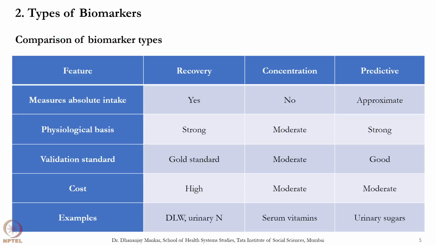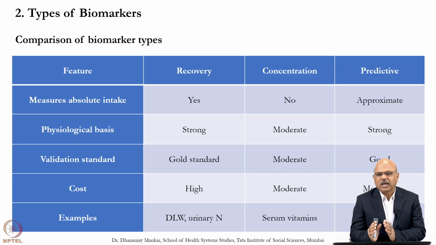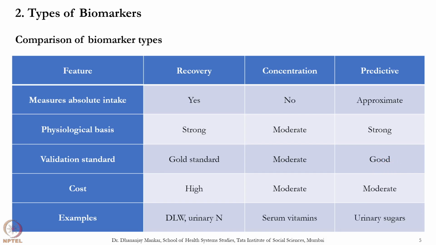What is the comparison? You can have the comparison like recovery, concentration and predictive. Out of all these three, cost wise, recovery biomarkers are very costly, concentration are moderate and predictive are also moderate. On physiological basis, recovery biomarkers are strong and along with that predictive biomarkers, versus the concentration biomarkers which is moderate.